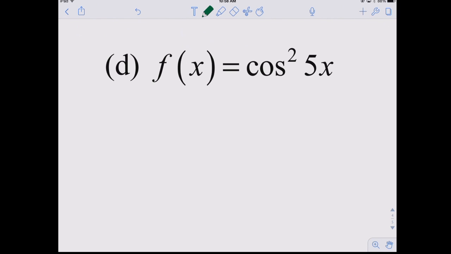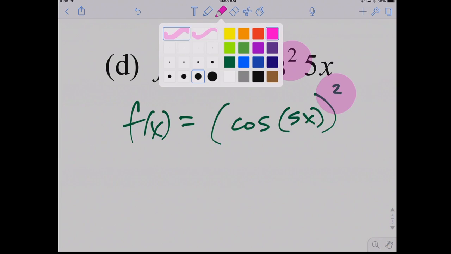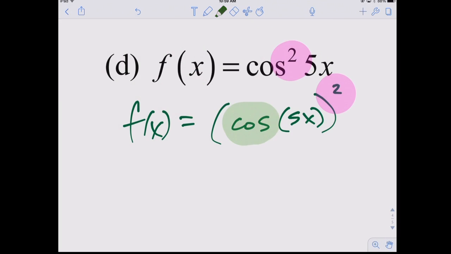How many layers do you see here? 3, right. So you got the condensed notation. So perhaps in the near future, if not already, you might not have to rewrite it, but in the beginning it's helpful. You have your blob squared, you have your cosine of blob, and then you have your innermost blob of 5x. So there's your 3 layers.